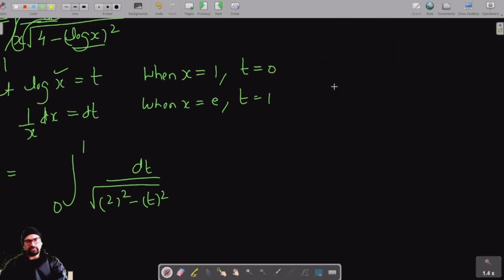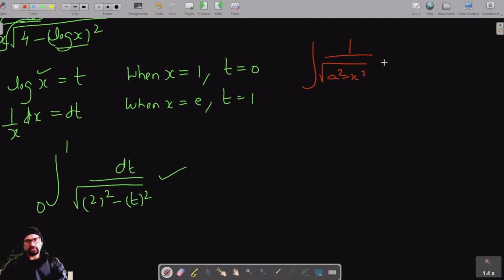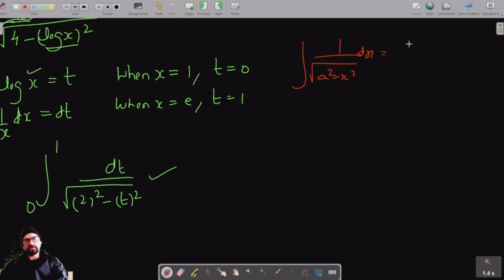And now this is of the form of this integration. We know that the integration of under root of a square minus x square into dx is equal to sine inverse x by a plus c.